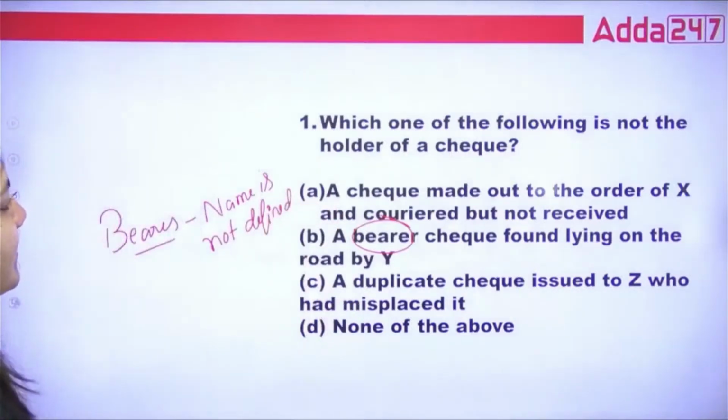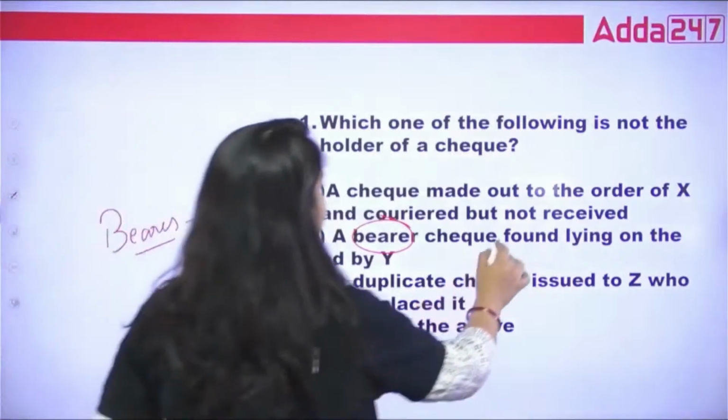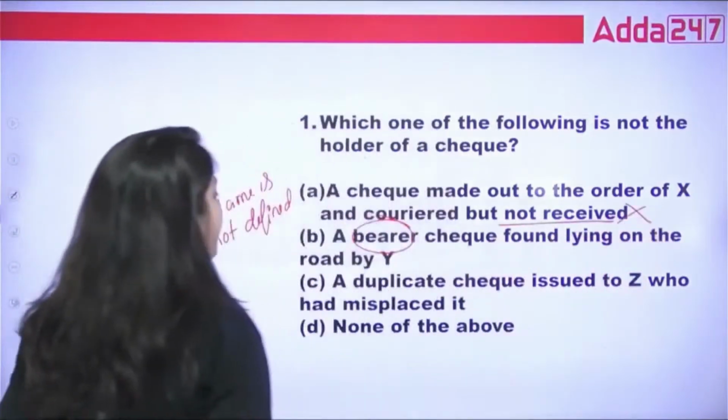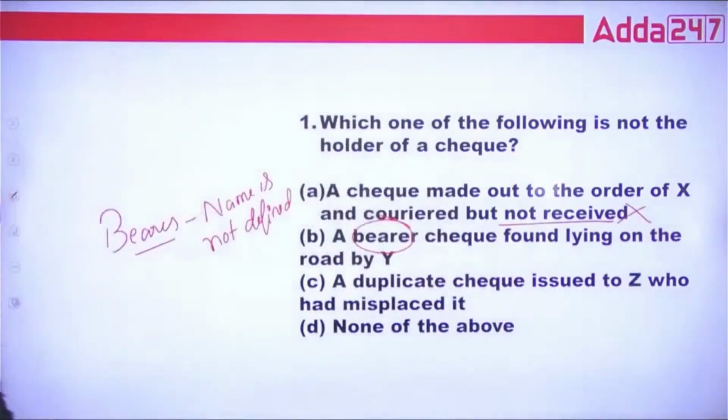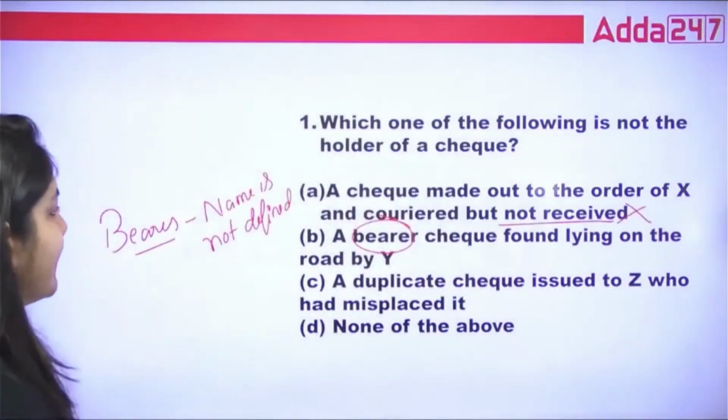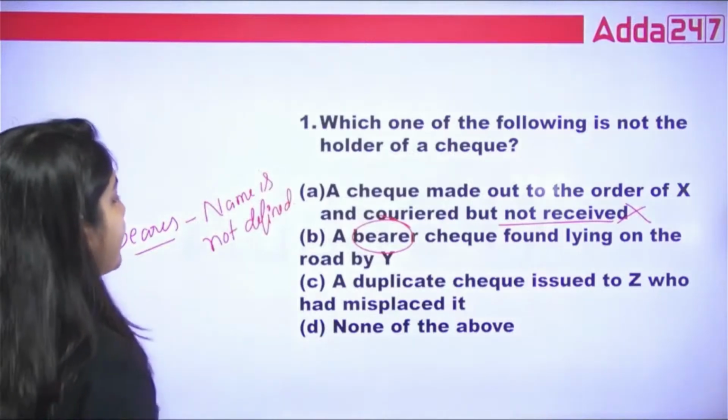The check made out to the order of X and couriered but not received. Not received. So this cannot be the right answer. A bearer check found lying on the road by X. A duplicate check issued to Z who has misplaced it.